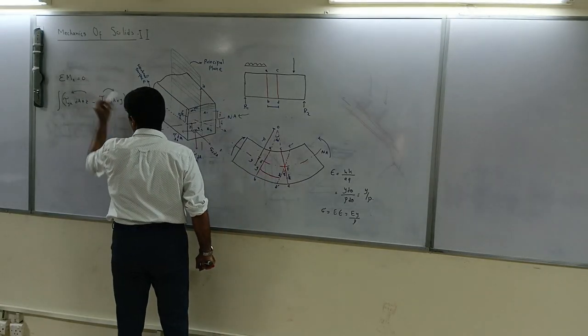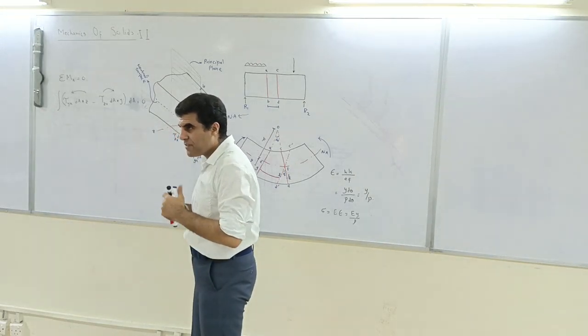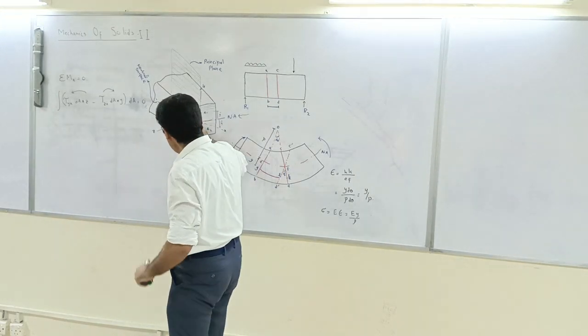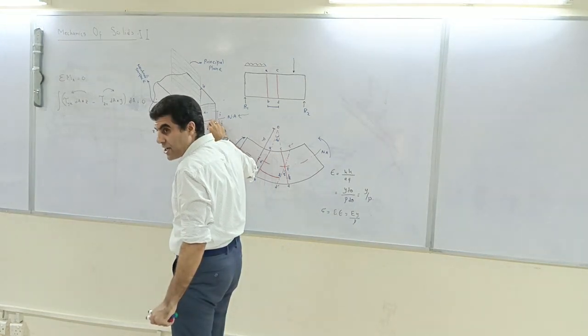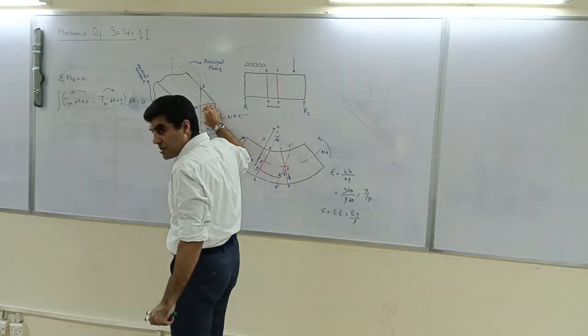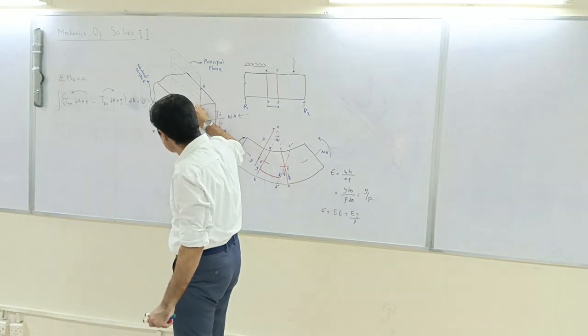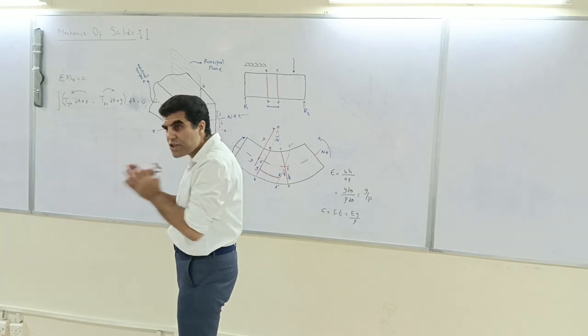And summation of it means that the element which is over here, the corresponding one, you should take the moment of that. Similarly, you should take the corresponding element of this one and corresponding element of that one. They all must equate to 0.